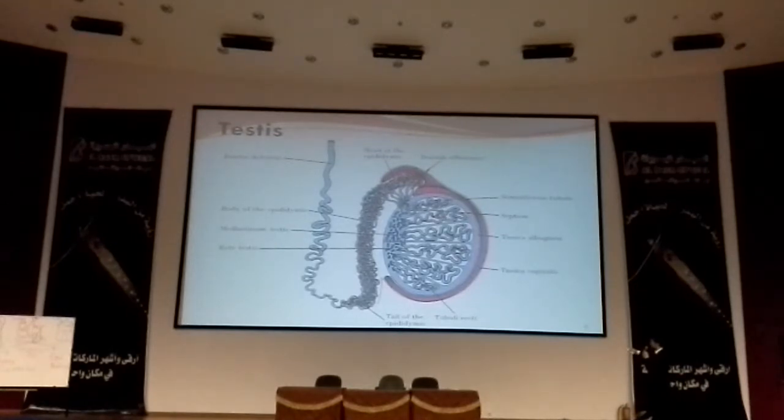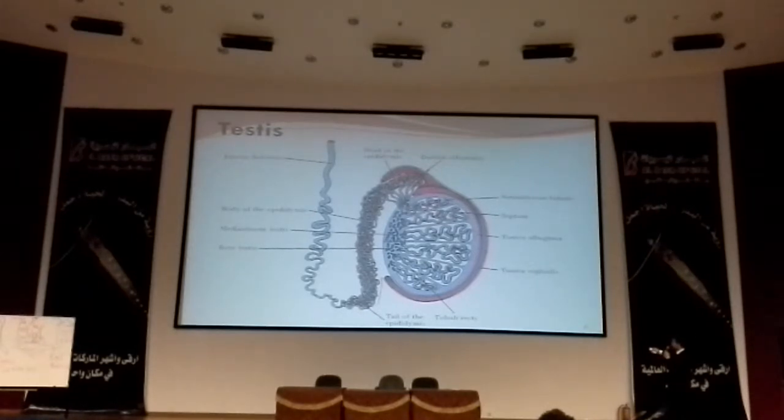Each lobule contains from 1 to 3 seminiferous tubules. You see, these are the seminiferous tubules, and the seminiferous tubules are where the synthesis of sperm occurs. يعني هو المسؤول عن صناعة السبيرمز الحيوانات المنوية. The seminiferous tubules.